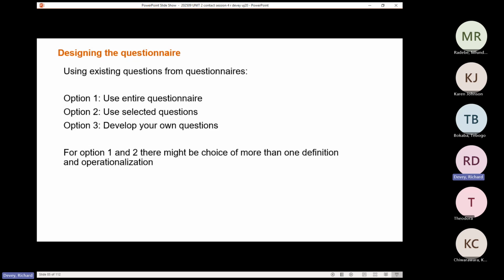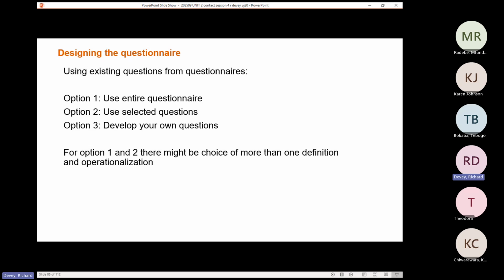And then for options 1 and 2, there might be a choice of more than one definition and more than one operationalization. So if you're using job satisfaction, for example, I've just shown you 2 different questionnaires that measure job satisfaction. You could also take part of those questions.